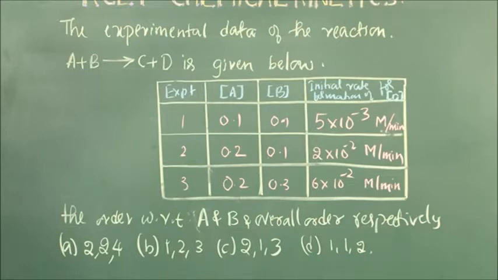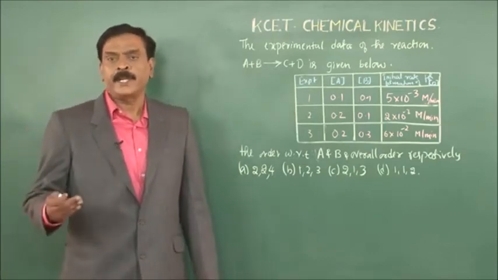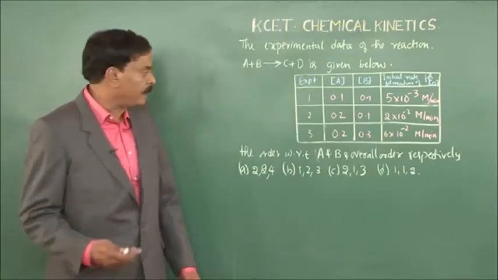The order with respect to A and B and overall order respectively, the options are A 2, 2, 4, B 1, 2, 3, C 2, 1, 3 and D 1, 1, 2. Students, please note that there are different ways of determination of order of the reaction.